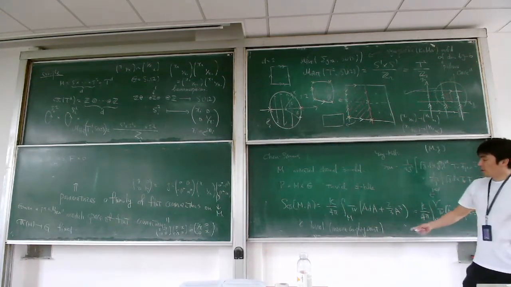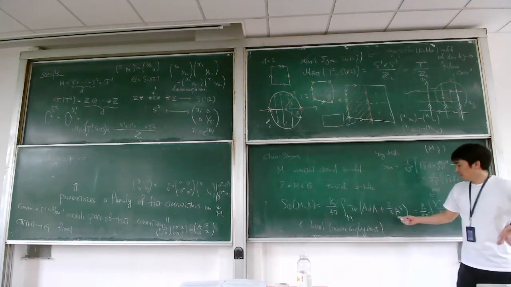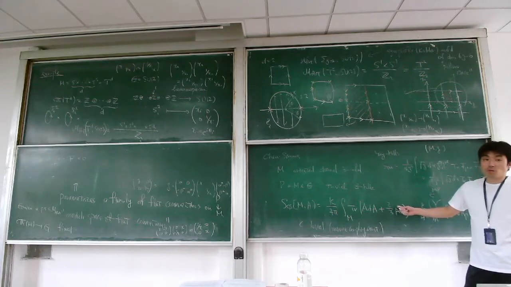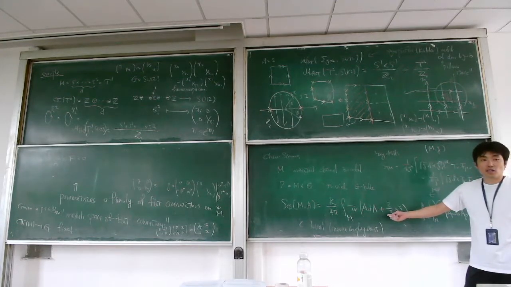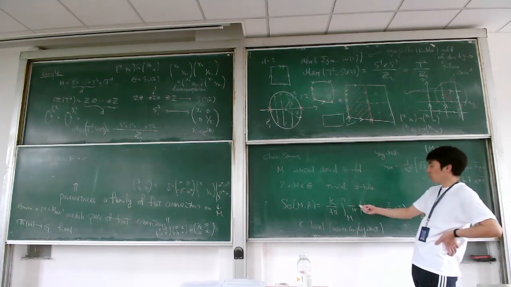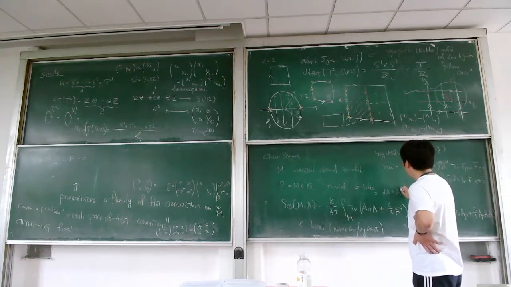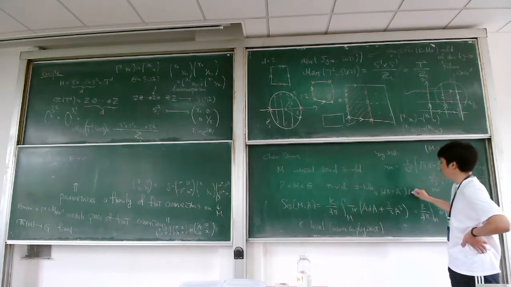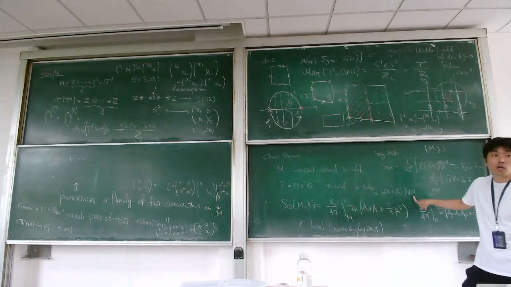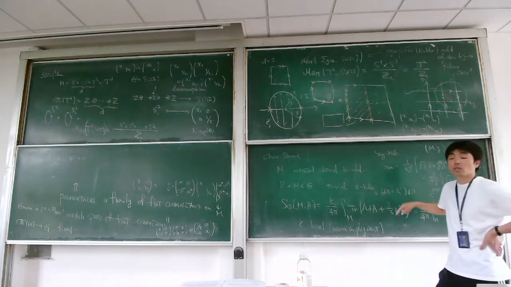You can easily see, for instance, if you take variation with respect to A, what's left is dA and delta A, and you have to pick one out of three, so the 3 cancels with this 3. You have to pick one of them, so you get 2. Essentially, you get 2 times dA plus A squared. That's what you get after variation with respect to delta A. So this is the flat connection condition.